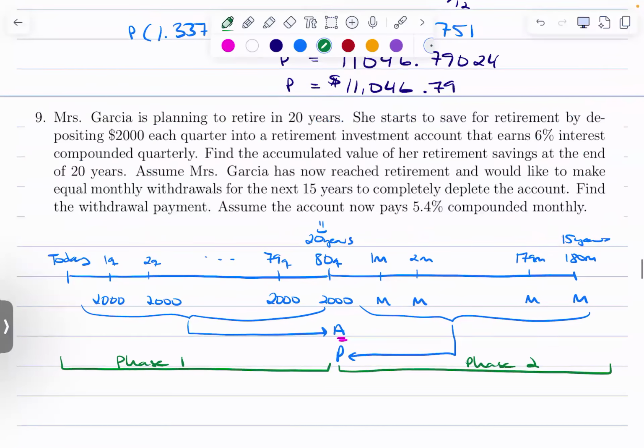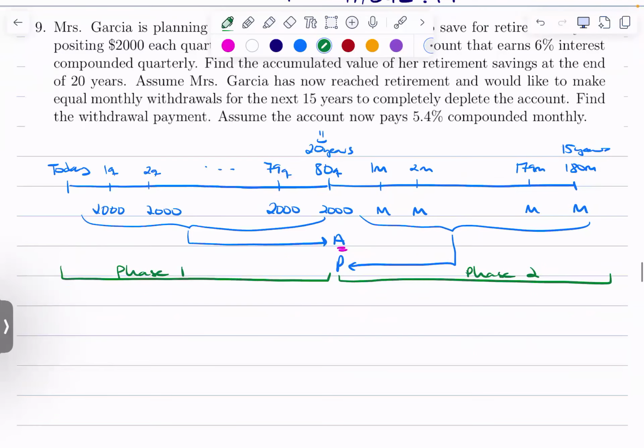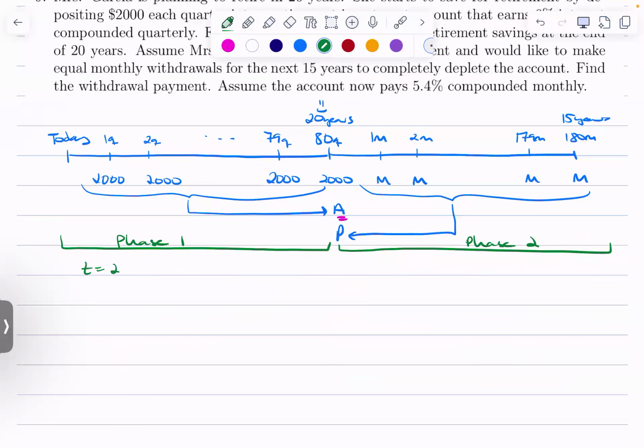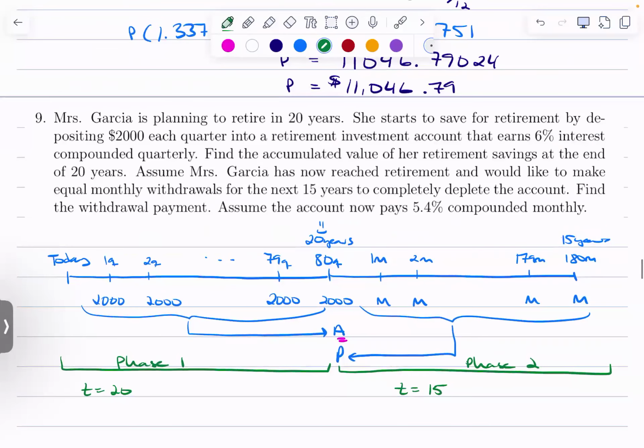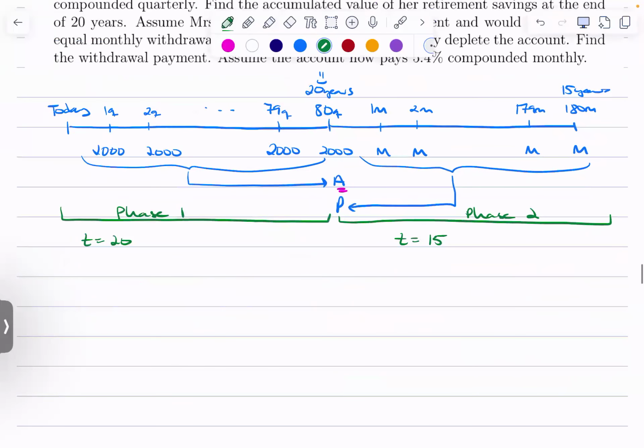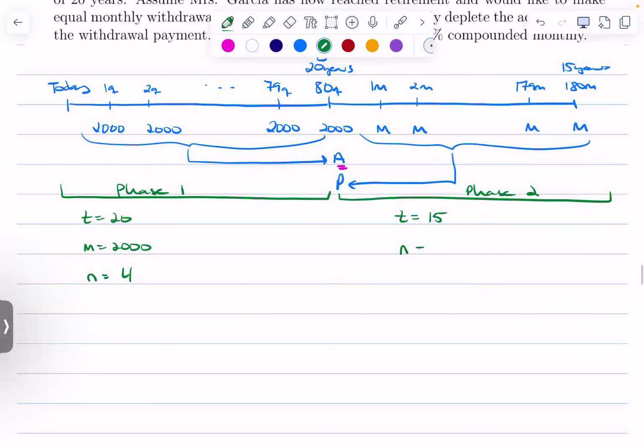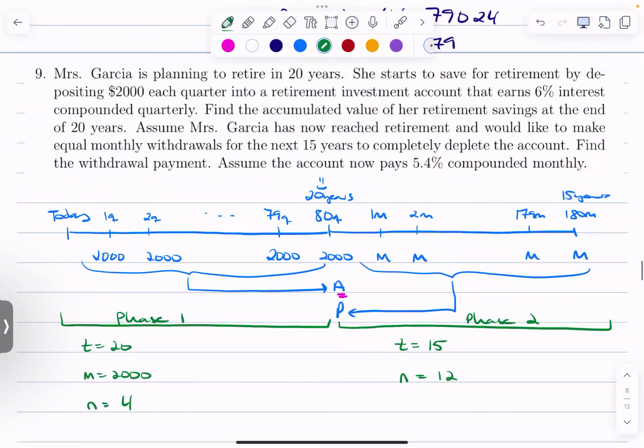So we've got this kind of phase one, phase two situation. Another thing to keep track of is if the interest rates are the same or if they're different. They're going to be different. And so what I want to do is just jot down the information for each phase, right? T is 20, T is 15. Here, M is 2,000. N is quarterly, which means N is 4, right? Quarterly payments. Whereas here, N is monthly, so N is 12.